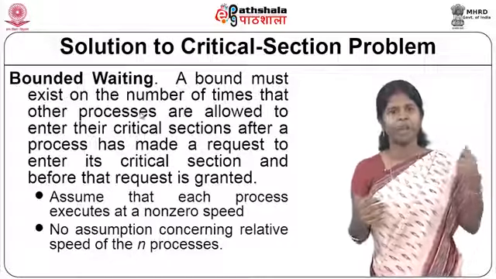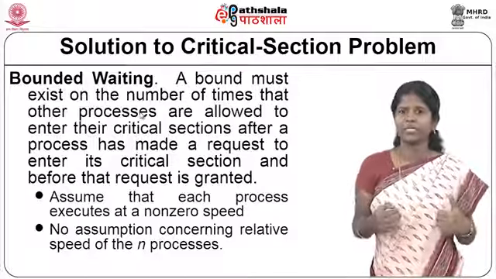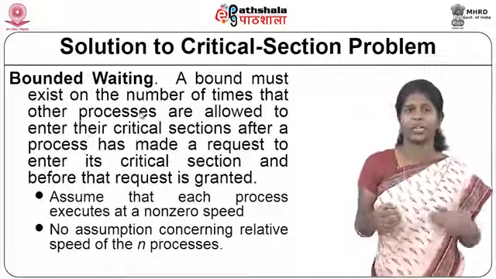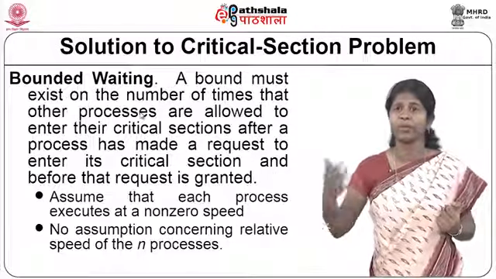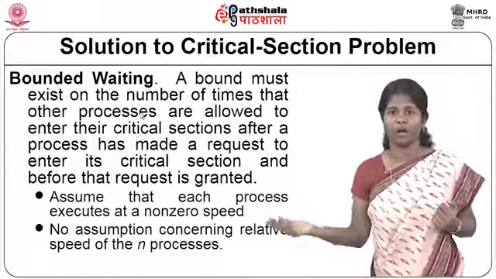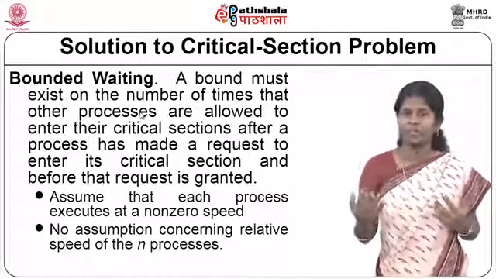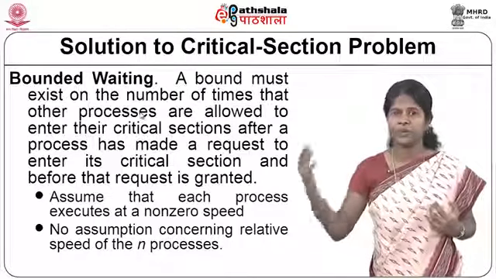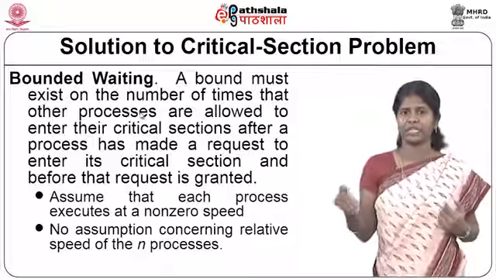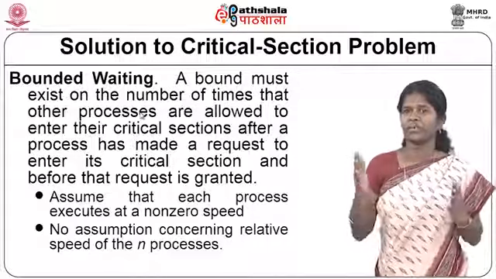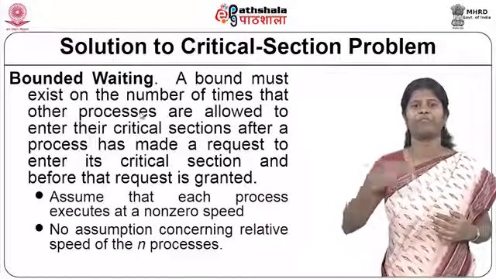Just because one process got the system and was allowed to enter once, it should not be allowed to enter many times, and P2 and P3 should not be made to wait for a long time. The amount of time for which P2 and P3 wait after they have requested to enter the critical section should be bounded, or there should be a time limit.